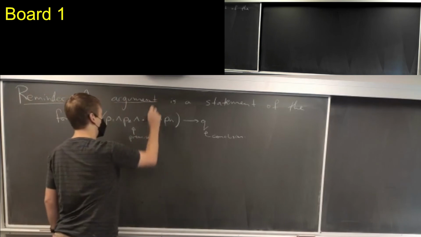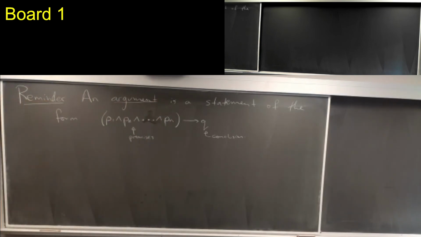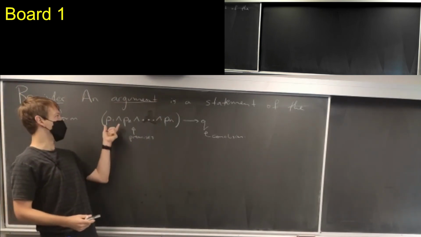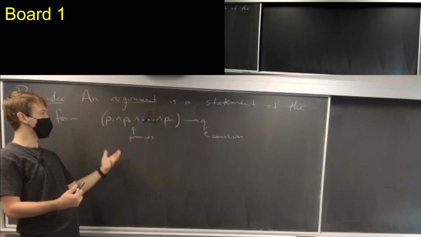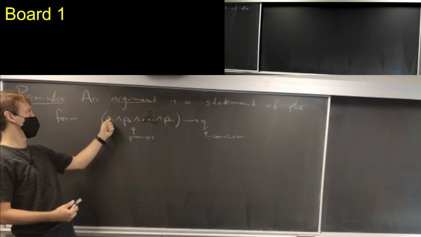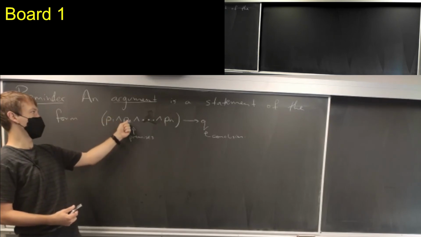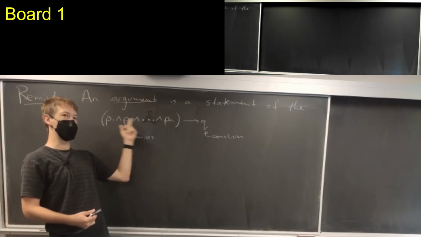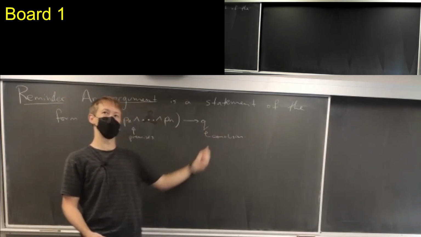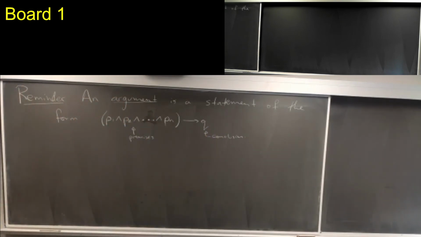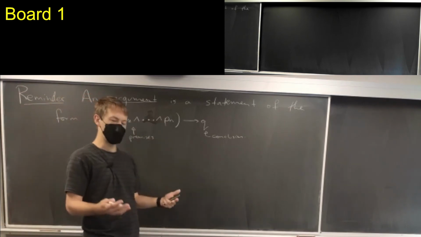So remember, an argument is a statement of the form: you have premises P1 up to Pn, and an argument is a statement that looks like P1 and P2 up to Pn implies the conclusion. So if all the premises are true, then the conclusion is true, right? I think we only went through maybe one example of how to show that an argument is valid.